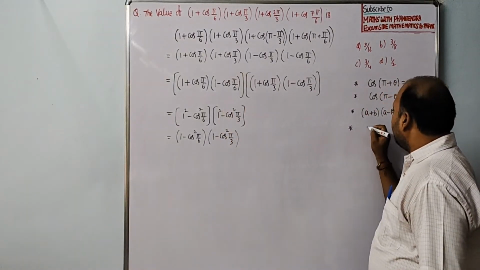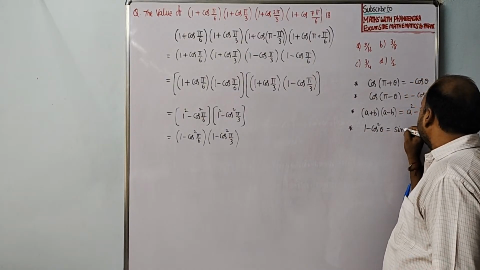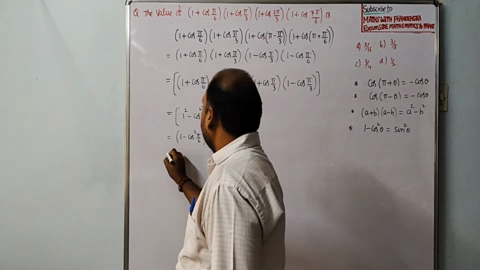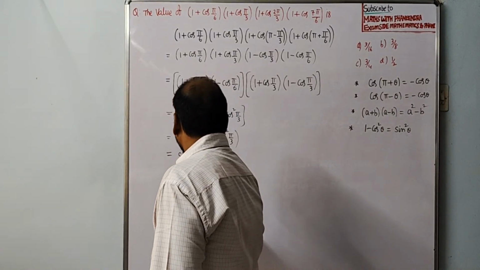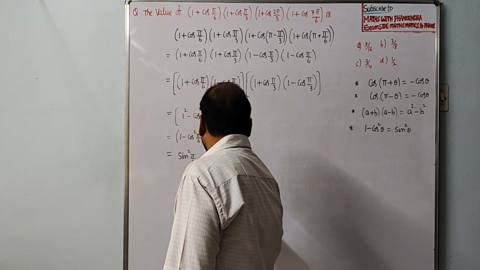Again we write 1 minus cos square theta equal to sin square theta. So it is equal to sin square pi by 6 into sin square pi by 3.